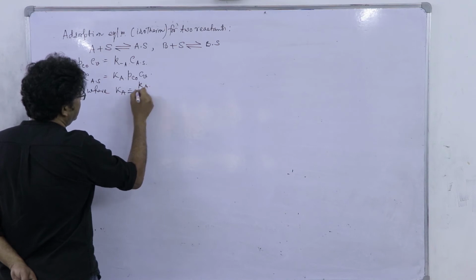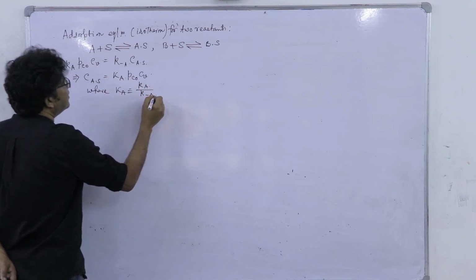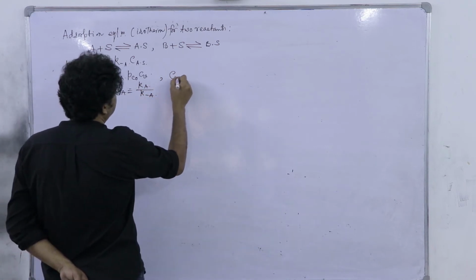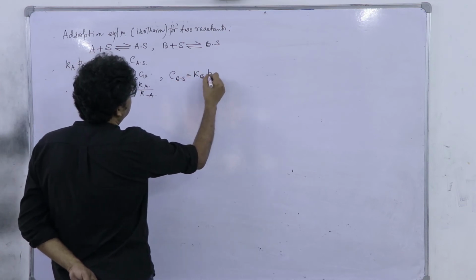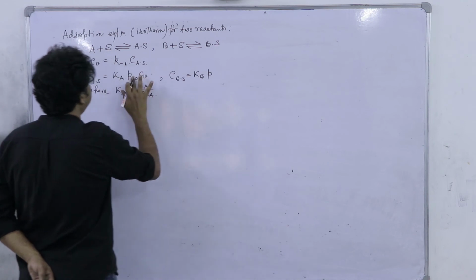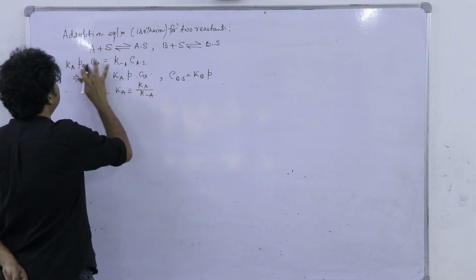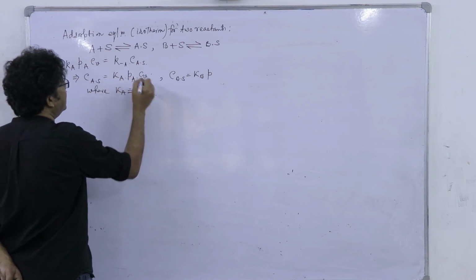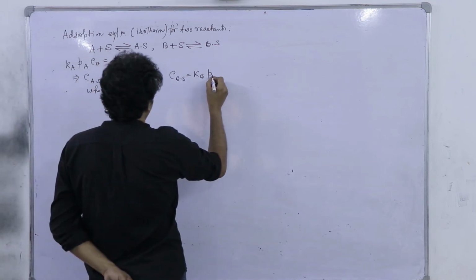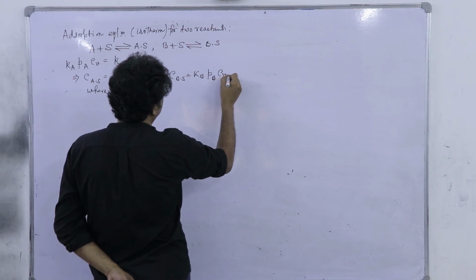This is K A by K minus A, whereas here C B dot S will be K B similarly into not PCO, P A, right, P A. So, this is P B into C V.